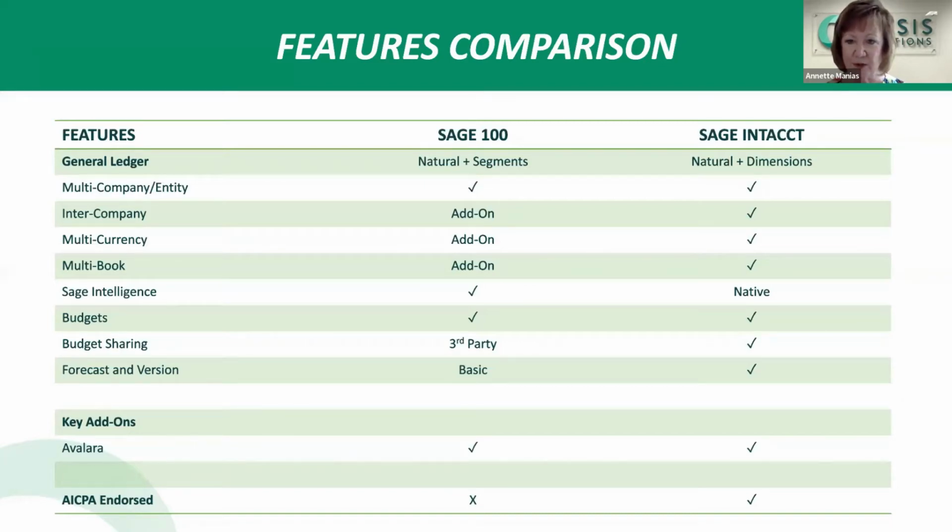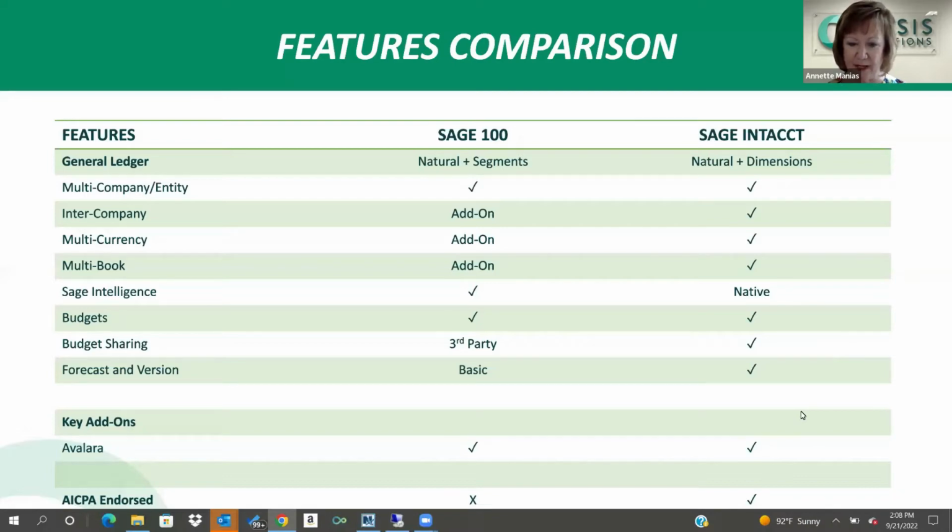The nice thing too, if you're using Avalara for sales tax, it works with both products. So there's no changing. There's just a connection between the two for Avalara, and we help you reestablish that connection with a new database. And then you'll see down at the very bottom, AICPA endorsed.